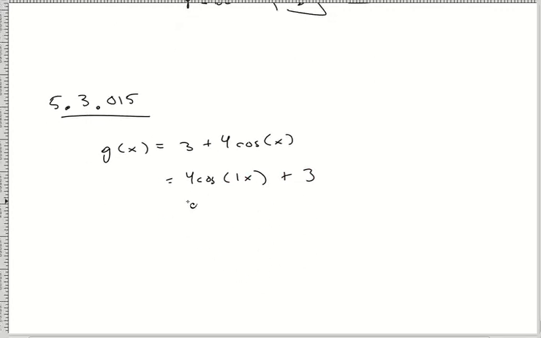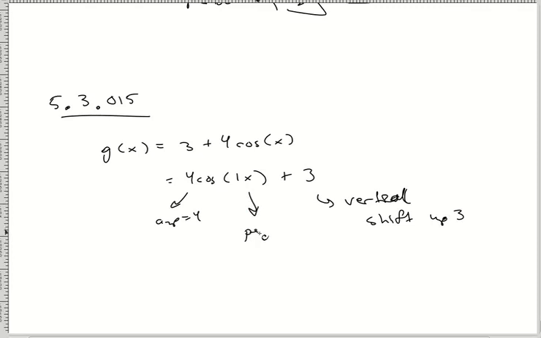I like that better. Notice that we have an amplitude of 4. This right here is actually a vertical shift. Now this goes back to the algebra days where you can shift up or shift down. That's a vertical shift of positive 3 going up. So I'm going to say up 3. We're shifting up 3.